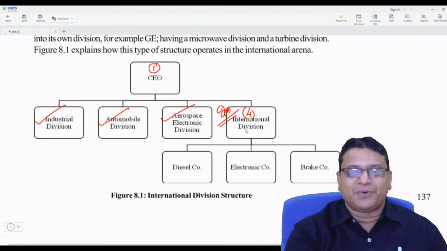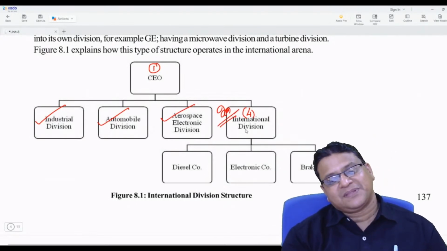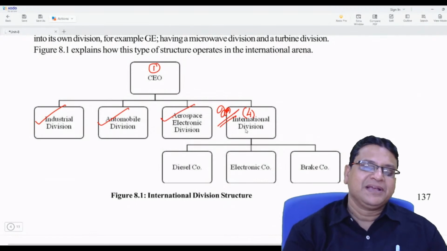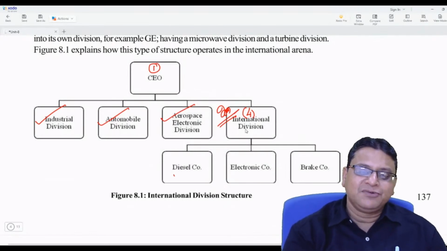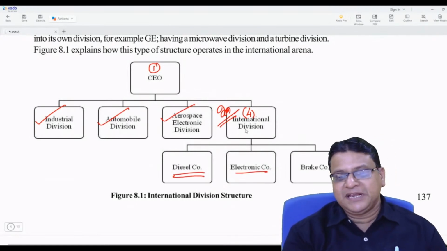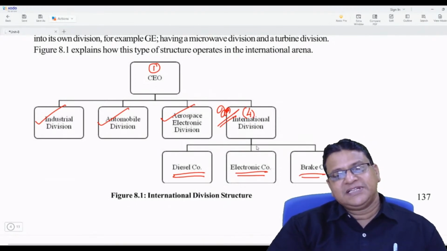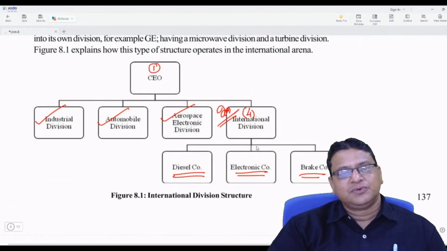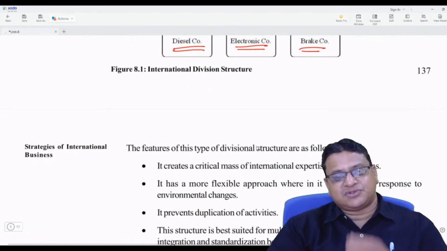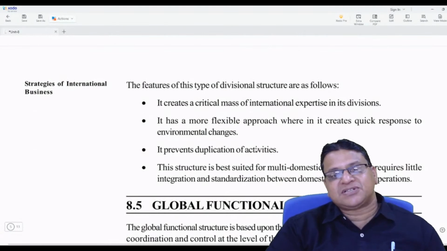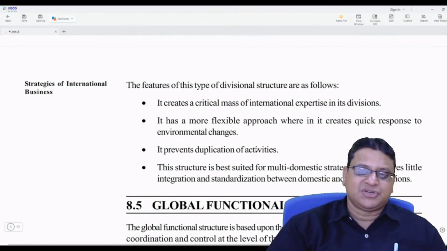It will also report to him, and the international division may be further classified into different products: diesel company, electronic company, brake company, etc. This is a typical form of divisional structure.